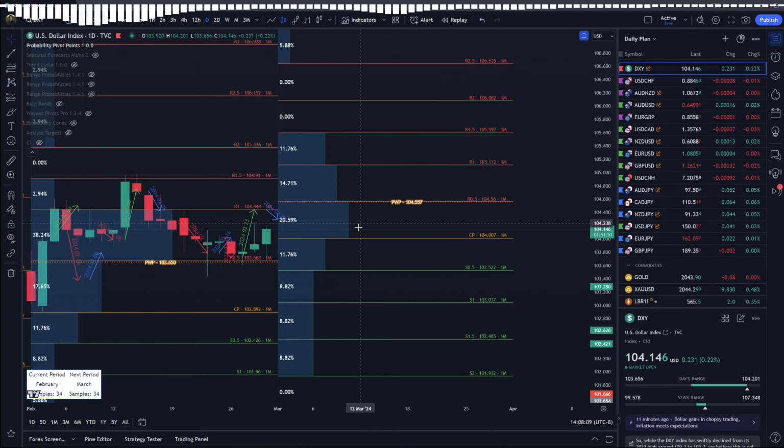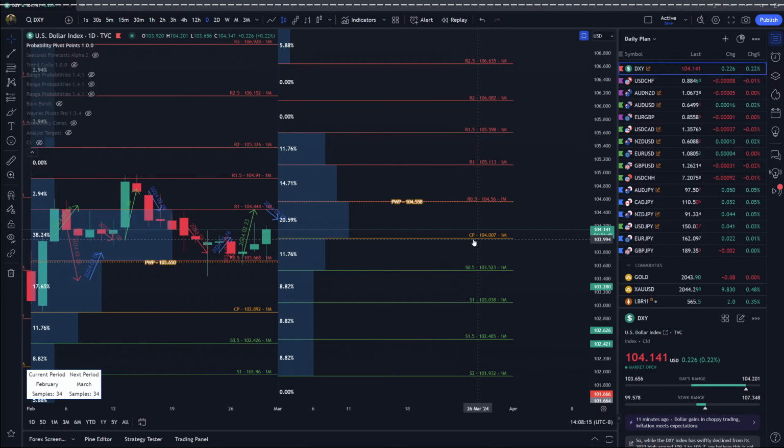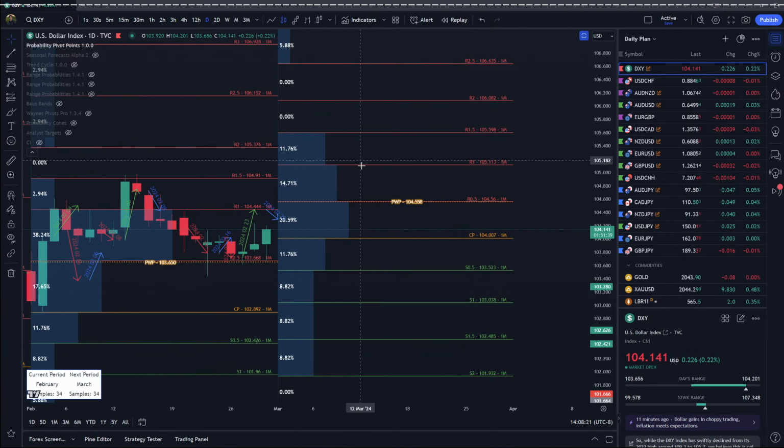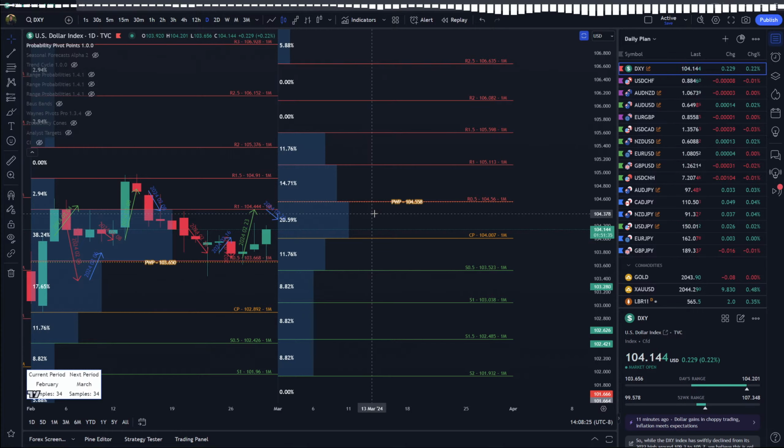You can see a lot of closes for the month of March are between this R1, call it 105, and 104 spot here, central pivot. This whole area is where I would nominally expect a close for the month, and nominally is simply where I'm expecting the highest probability given the face value odds.